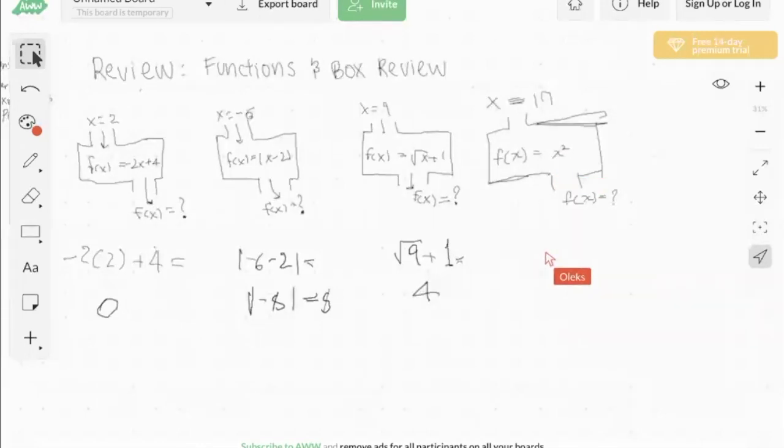So we replace x with 17 squared to see what the function is at 17. Let's do some multiplication. 9 carry the 4, 11, and then 17. This is equal to 289, and that's our answer.